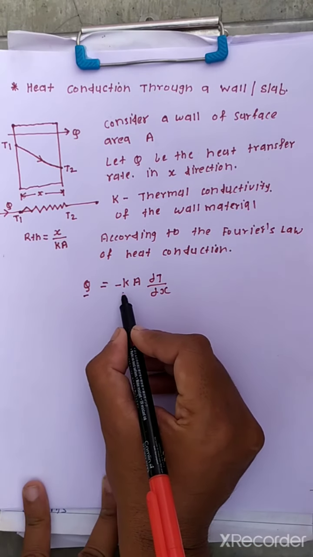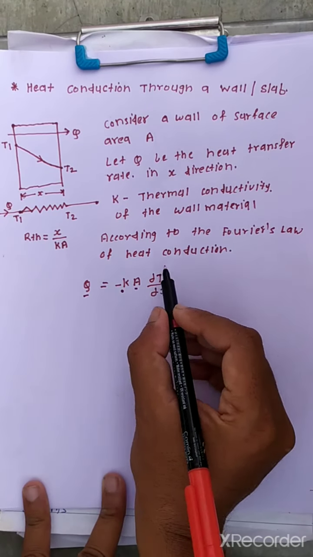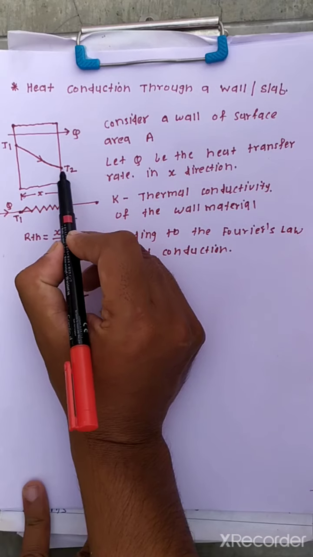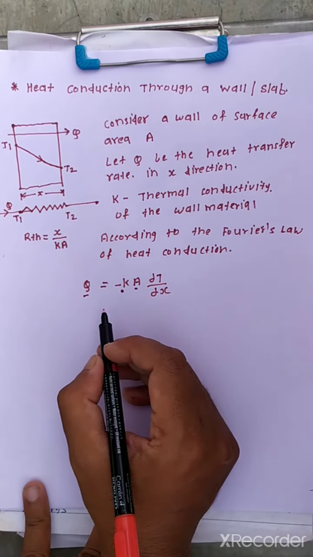Q is the rate of heat transfer, K is the thermal conductivity, A is the surface area, dT is the temperature difference, that is T2 minus T1, and dx is the thickness of the wall material.